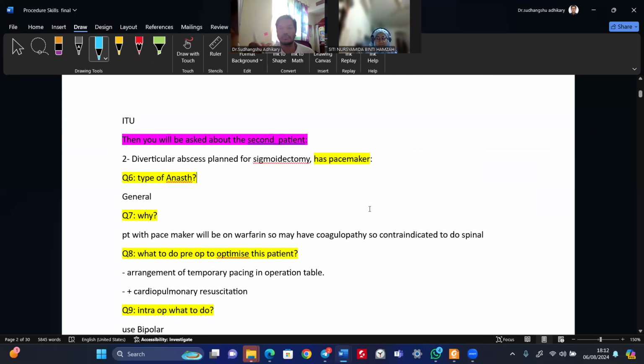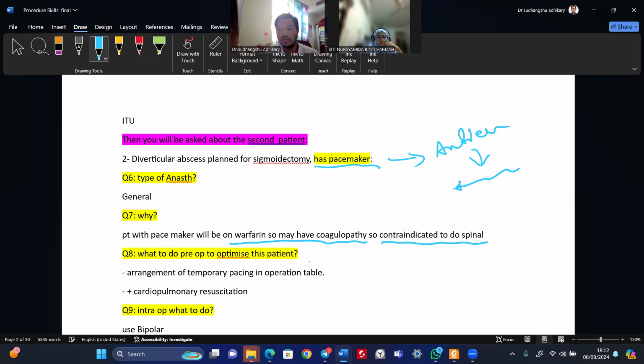It is because the patient has a pacemaker, and a pacemaker patient will always be on warfarin, anticoagulation. And an anticoagulated patient has the chance of spinal hematoma. The patient with pacemaker will be on warfarin, so may have coagulopathy, and it is contraindicated for spinal anesthesia.